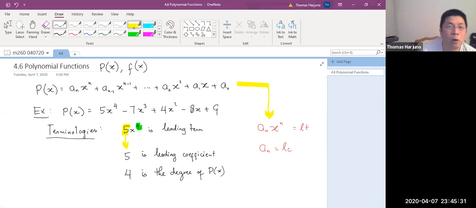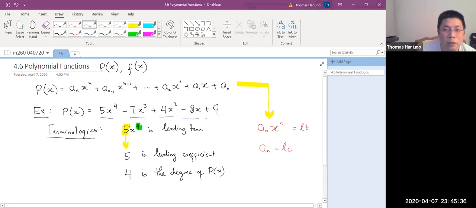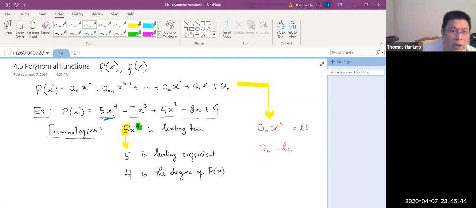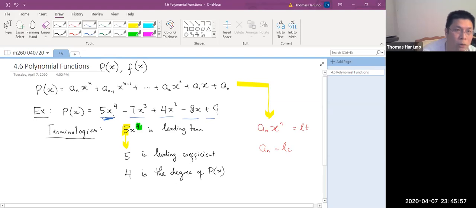Among these 5 terms here, this one has the highest degree, and that's why we write it first. From there we see the leading coefficient, which is the coefficient of that term, and the degree of that term will also be called the degree of the polynomial.